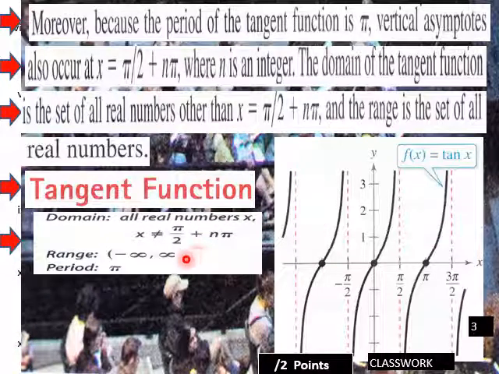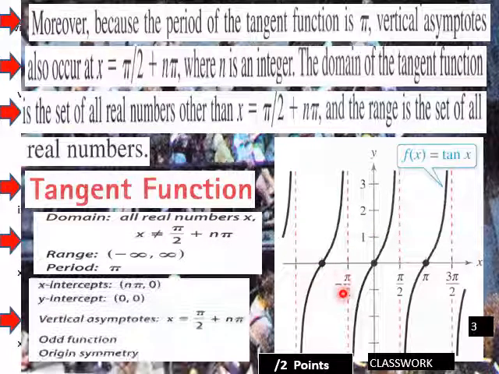So the tangent function: domain all reals, range is negative infinity to positive infinity, and the period here is pi, so you go from negative pi over 2 to pi over 2, and that is the period of the tangent function.